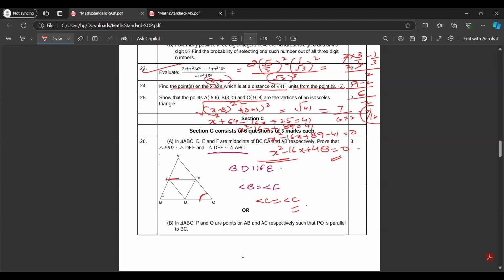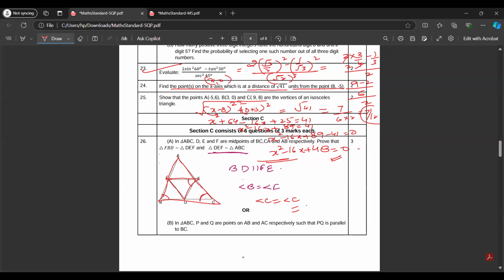It is the angle DEF and ABC. See, ma'am, angle B equals angle E. How? Opposite angles. Yes.